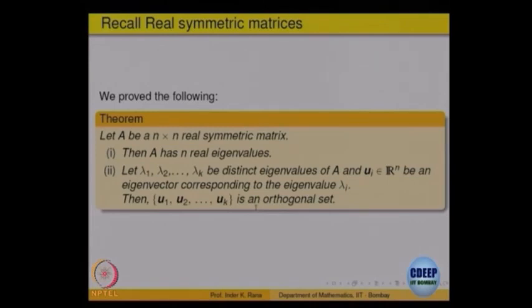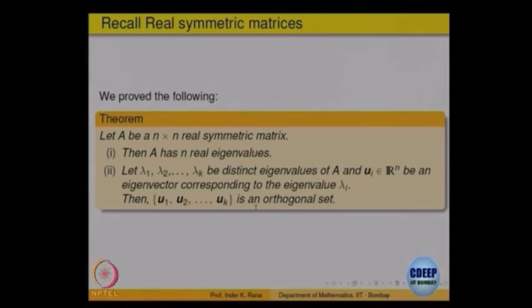So, basically, for a general matrix, the eigenvectors for distinct eigenvalues are linearly independent. If it is a real symmetric matrix, then the eigenvectors corresponding to distinct eigenvalues are also orthogonal.